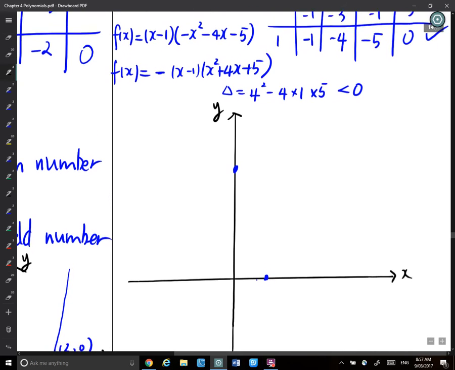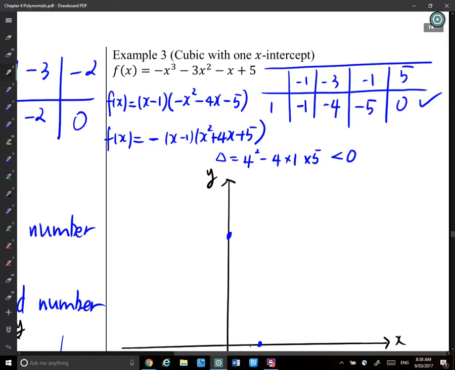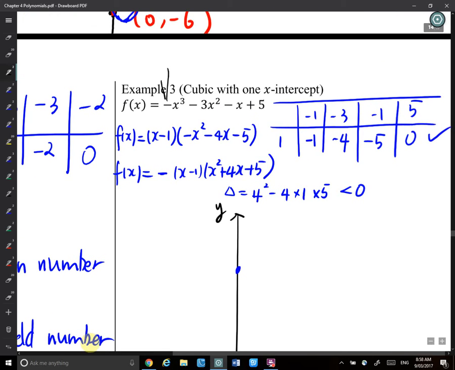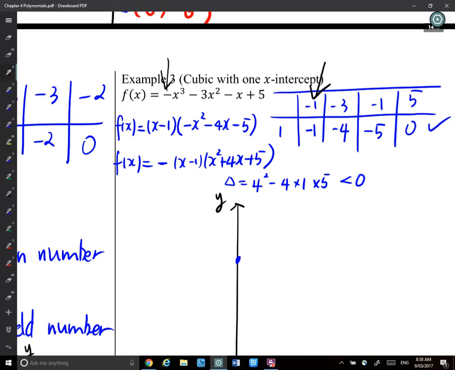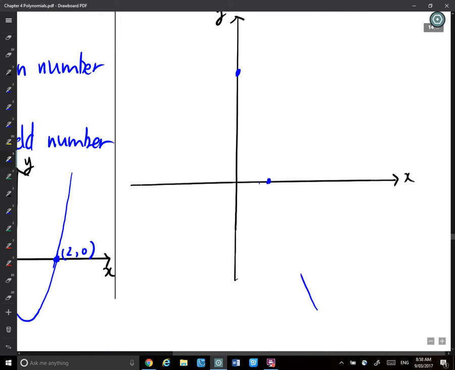Okay, and where to start the graph? Always start from the right-hand side, but because I have a negative coefficient, the first number is -1, so I'll start from the bottom.